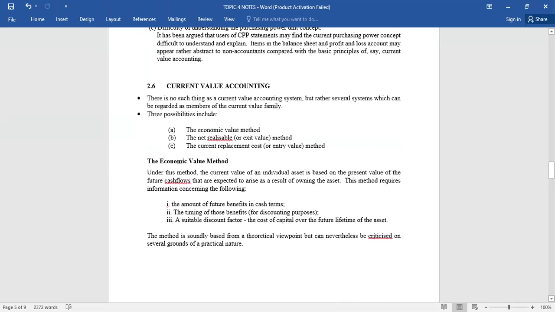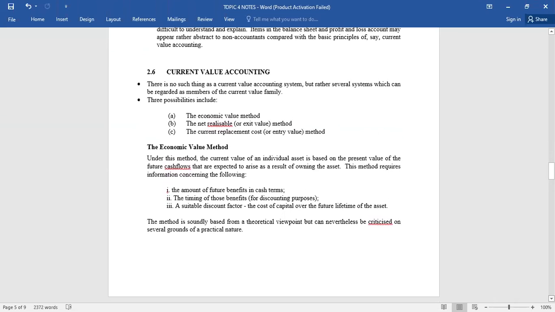Now I want to go to the current value accounting, and in this model, we normally have three scenarios, or three models that we accommodate. We have the economic value method, the net realizable, the exit value, and the last one is the current replacement cost.